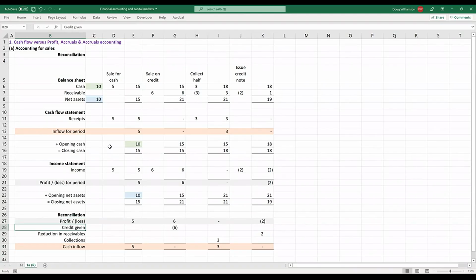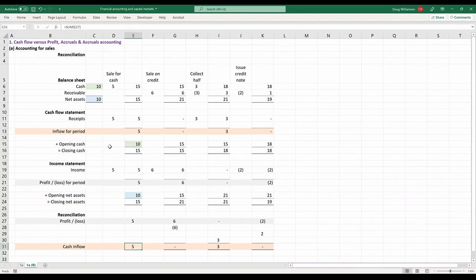So reconciliation at the bottom here, let's modify it slightly, because there's some general principles here that we could explore. So in the first period, there's no difference between the profit, which is 5, and the cash inflow, which is 5.